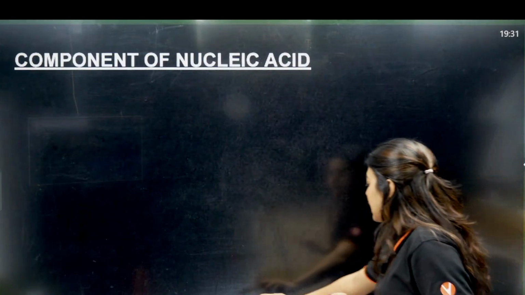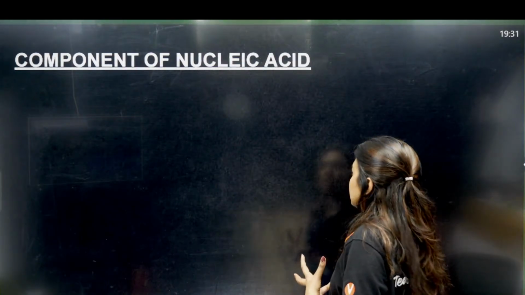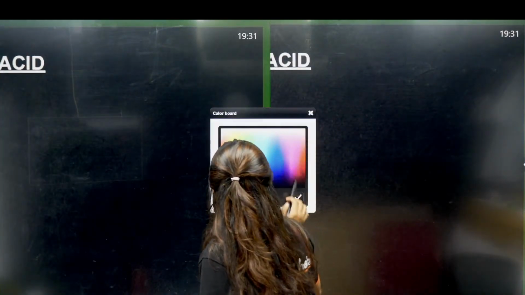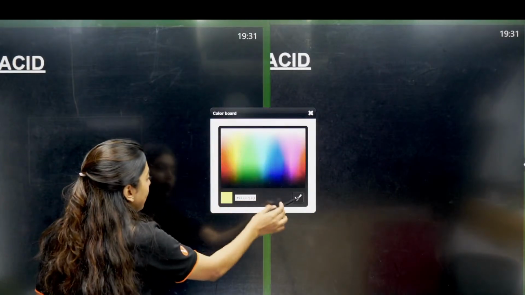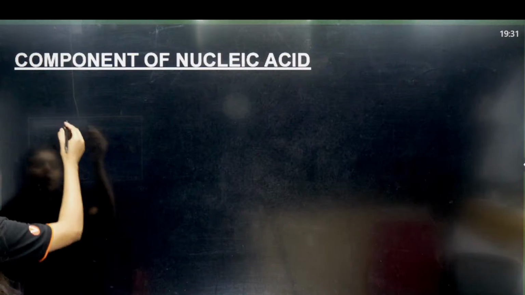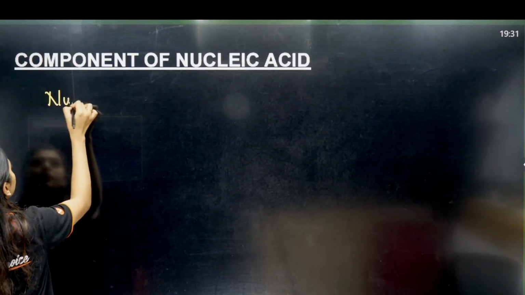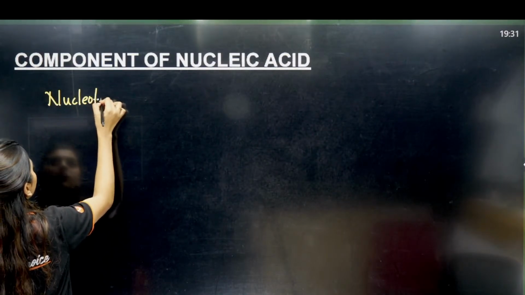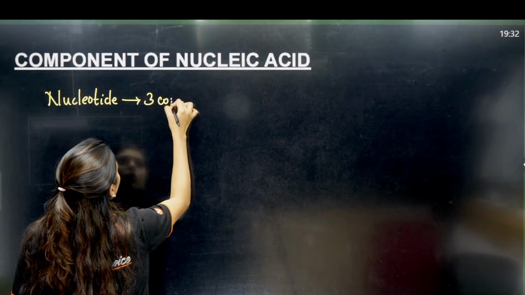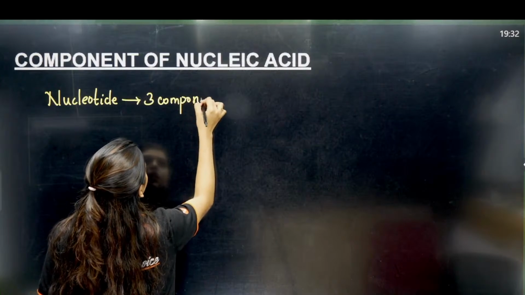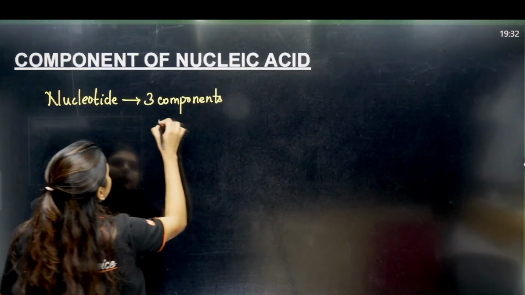Now, let's understand what this nucleotide is made up of. I told you it is made up of multiple compounds, right? A nucleotide is made up of 3 components. What are these 3 components, ma'am?